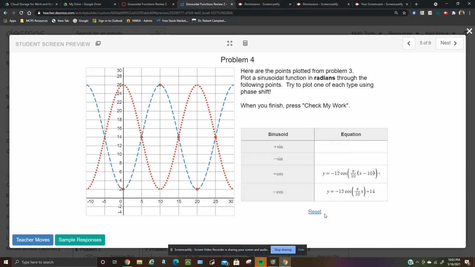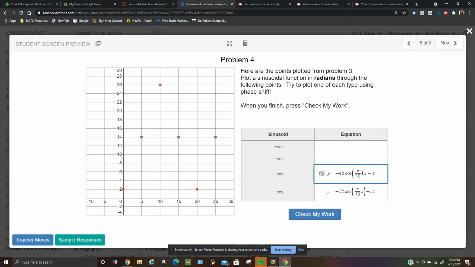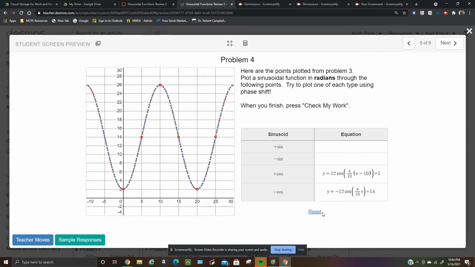Whoops, something wrong there. Oh, there's a negative here. Don't want the negative in the positive cosine.